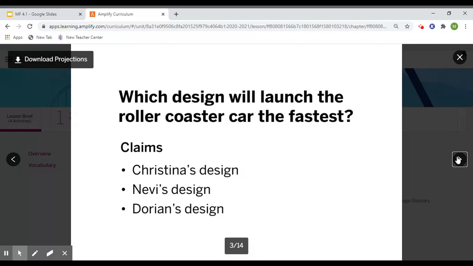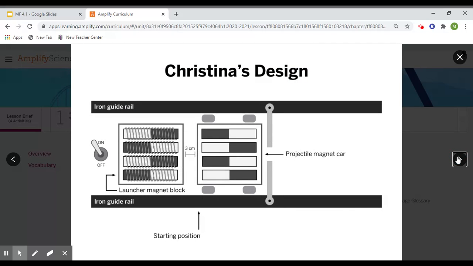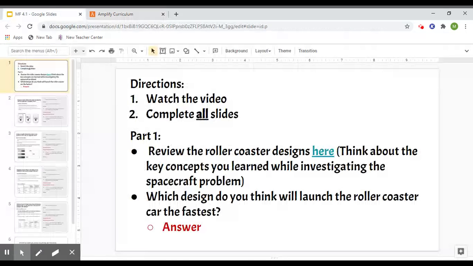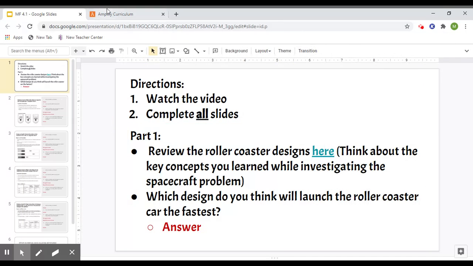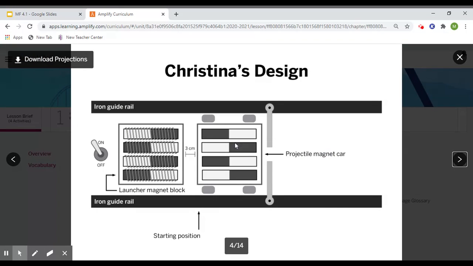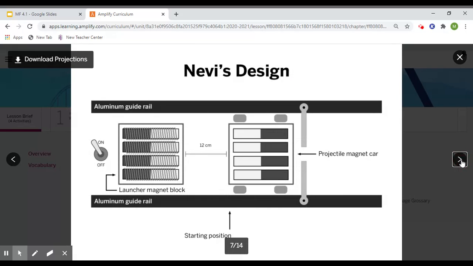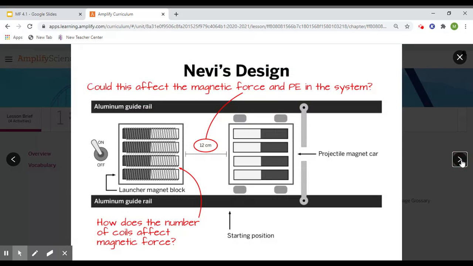So we're going to take a look at 3 designs and try to figure out which one is the fastest. Here I have linked for you the different designs for you to go through and really look at. You don't necessarily have to actually write on them, but think about things like this. Could this affect the magnetic force and potential energy in the system?